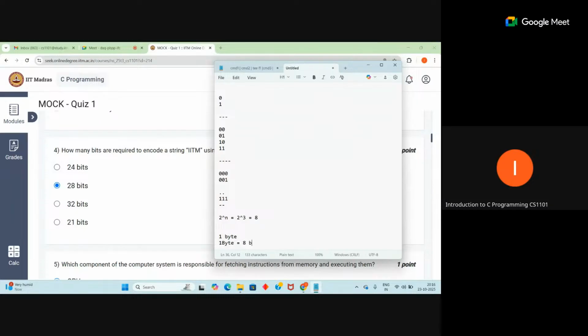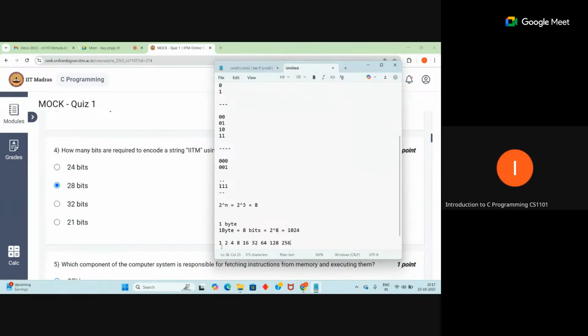So we can represent 2 power 8 different values. 2 power 8 is nothing but 256. Let us count: 1, 2, 4, 8, 16, 32, 64, 128, 256.